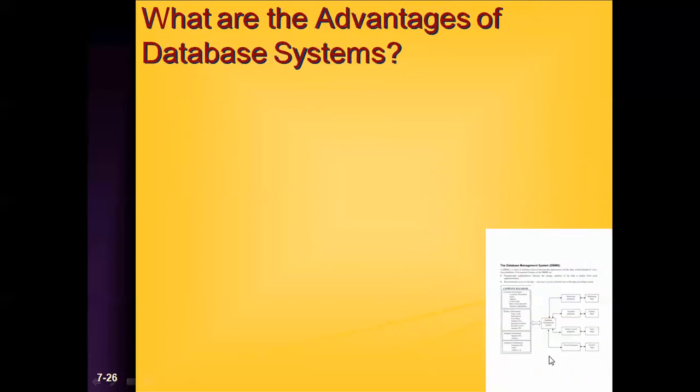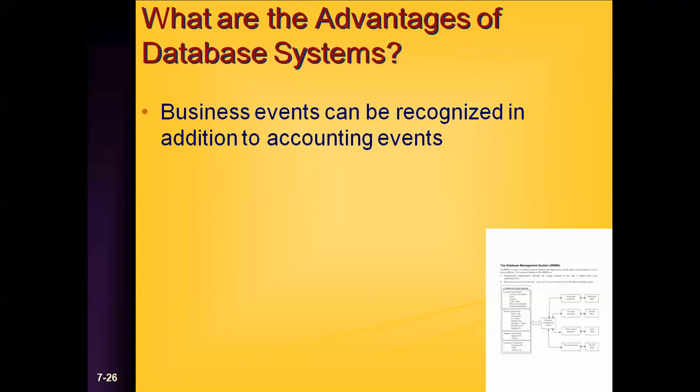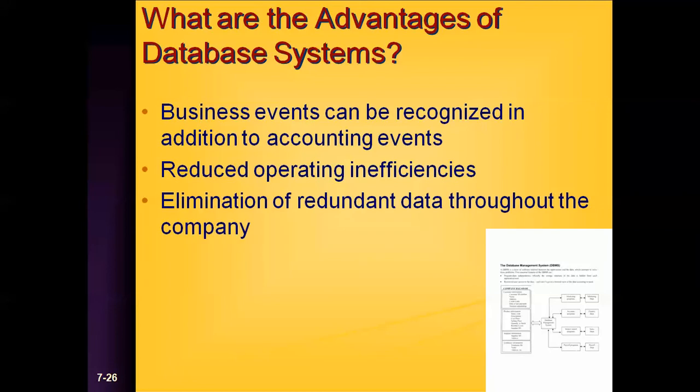Okay, so one of the terms you will hear a lot about is database systems. And database systems can be very complicated or can be very simple. Again, the SIS grading system is essentially a database system where all grades of students are contained.